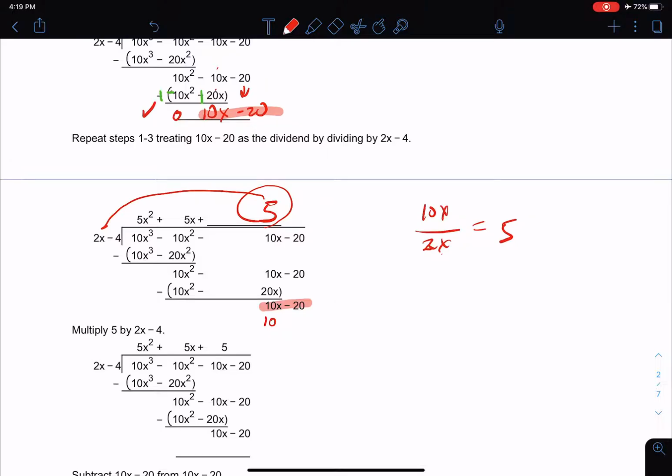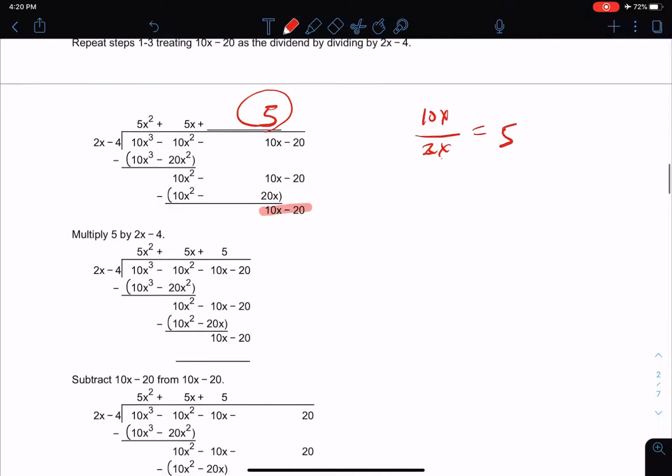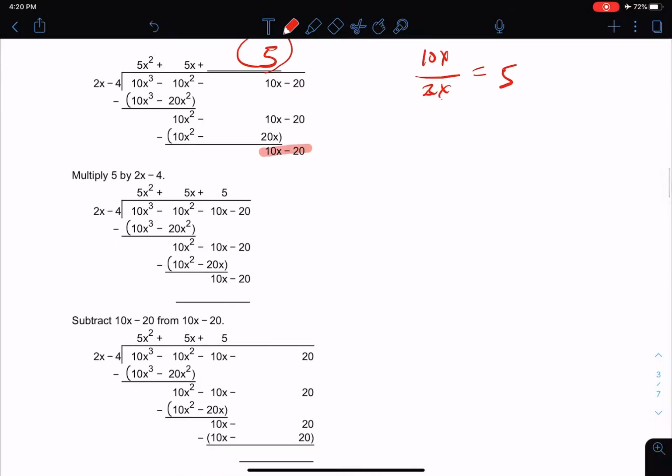And then the next step is to actually distribute like I'm about ready to do. That's why sometimes I don't like these step-by-steps. I would kind of blend these a little more, but it gives you something to go back to. So the next step is to distribute your 5. 5 times 2x gives us a 10x. And 5 times a negative 4 gives us negative 20.